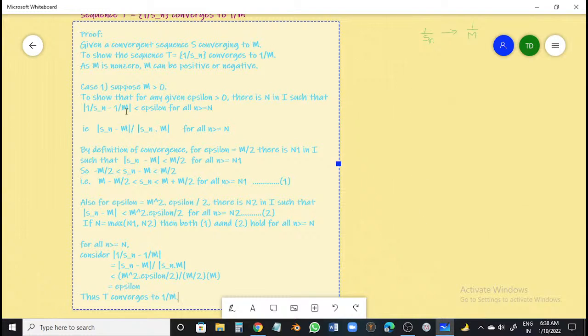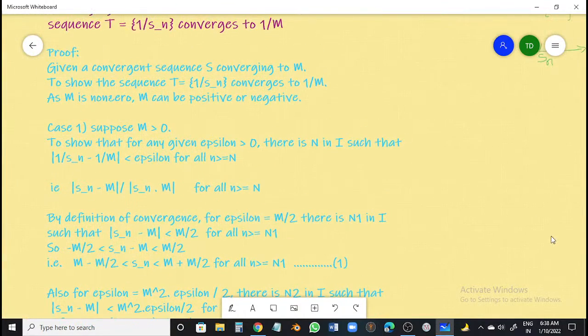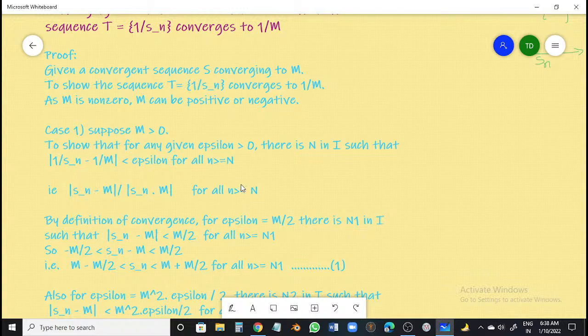So to show, for any given epsilon greater than 0, there is N in capital I, the set of positive integers, such that the difference between the nth term and 1 by m is smaller than epsilon for all n greater than or equal to capital N. Meaning, once we cross this N, finitely many terms, the remaining infinite number of terms are gathering near this 1 by m.